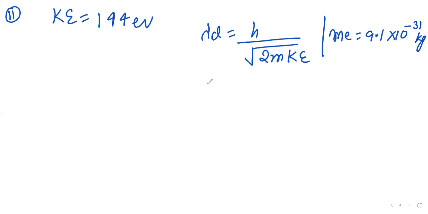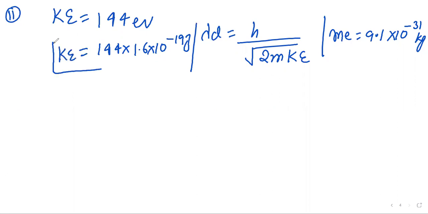Right, now put the value, then you will get the lambda. And the kinetic energy is also given, that is 144 electron volt. So convert into joule. So it is 144 into 1.6 into 10 raised to minus 19 joule. Kinetic energy.